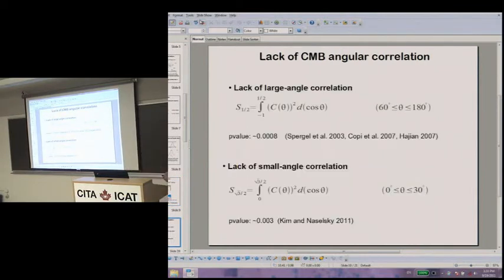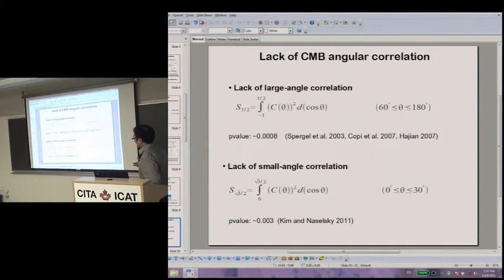These statistics are defined by the Planck team, and they found this angular range. This value is so small, and only this small fraction of simulations has such a low value. We also investigate the small angle correlation using a similar statistic, and we got this p-value.